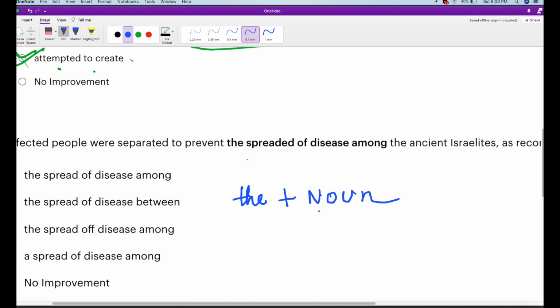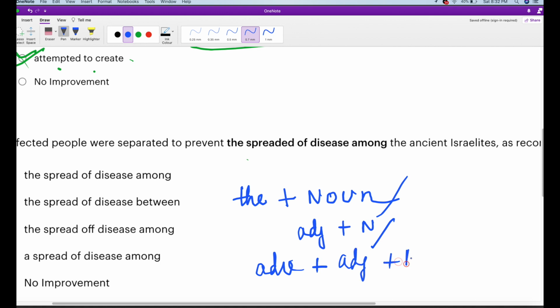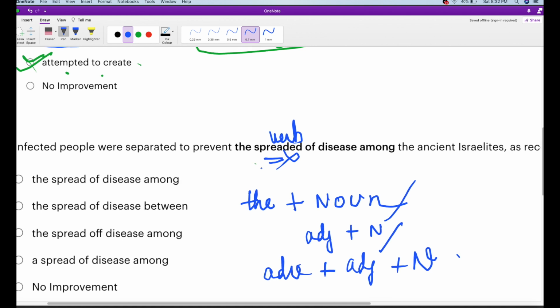Either a noun directly, or adjective plus noun, or adverb plus adjective plus noun. Here you need a noun, but "spreaded" is a verb, so this is incorrect. The noun form is "spread". So, the spread of disease.